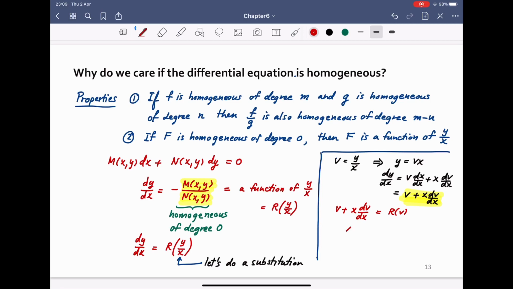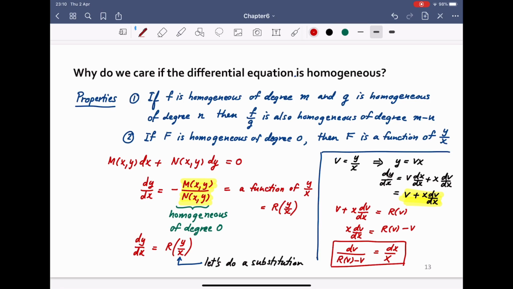That will be x multiplied by dv by dx equal to r of v minus v, and then after that I can simplify more, so that will give me dv over (r of v minus v) equal to dx over x. So this thing is a separable equation.